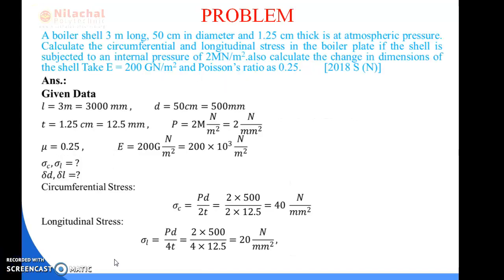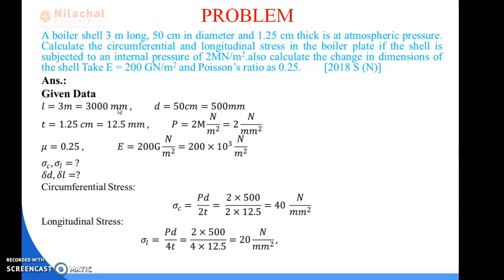Let's do another problem as shown in the slide. The question asks: a boiler shell 3 meter long, 50 centimeter in diameter and 1.25 centimeter thick is at atmospheric pressure. Calculate the circumferential and longitudinal stress in the boiler plate if the shell is subjected to an internal pressure of 2 mega Newton per meter square.